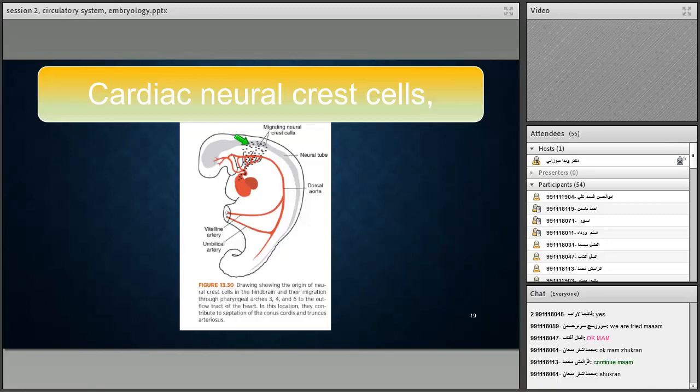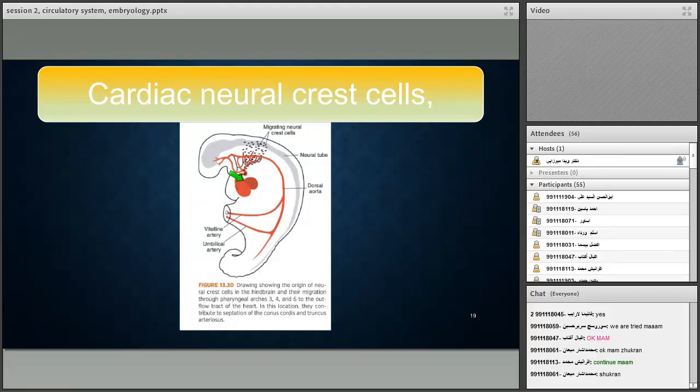Then they migrate through the neck region and through pharyngeal arches number 3, 4, and 6, and come into the cardiac region. They contribute to the formation of the cardiac septums.